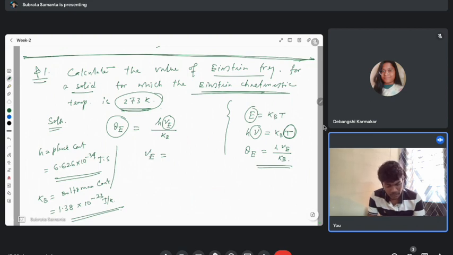So we are calculating the order of magnitude. 273 is of order 10 to the power 2, k_B is 10 to the power minus 23, and h is 10 to the power minus 34.